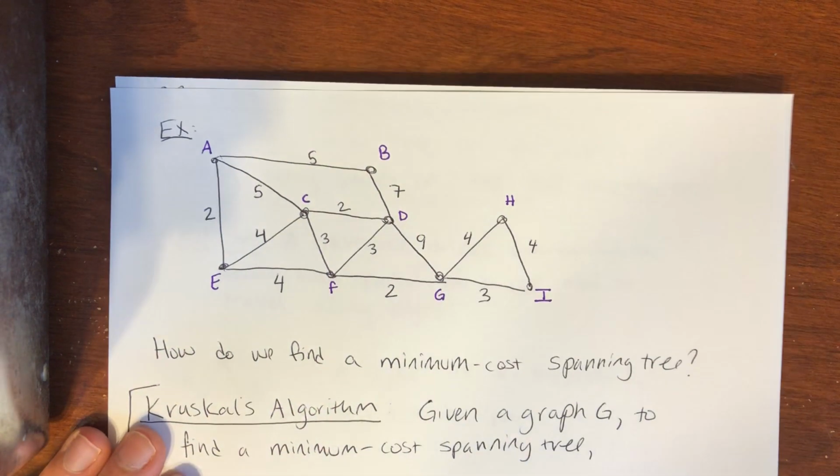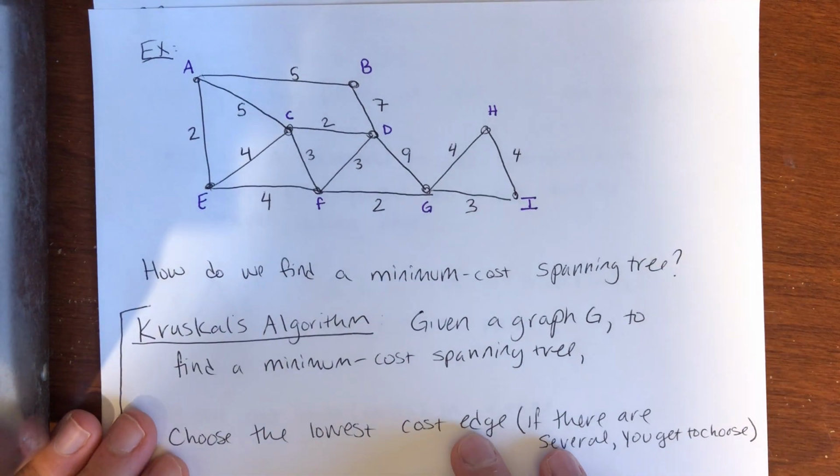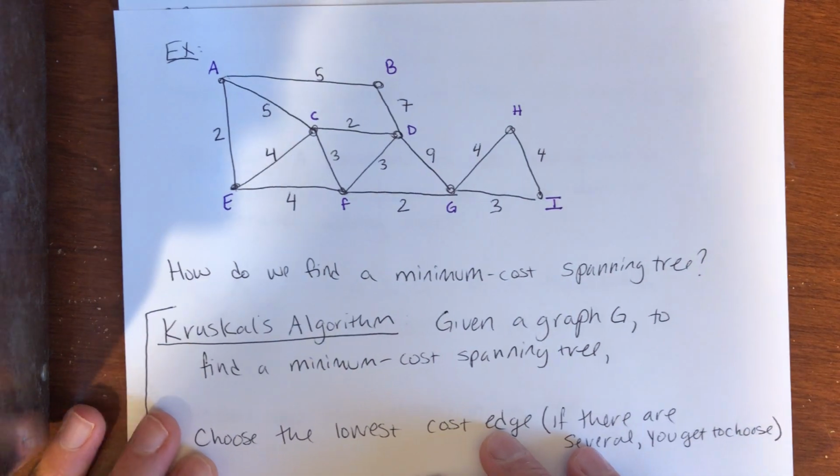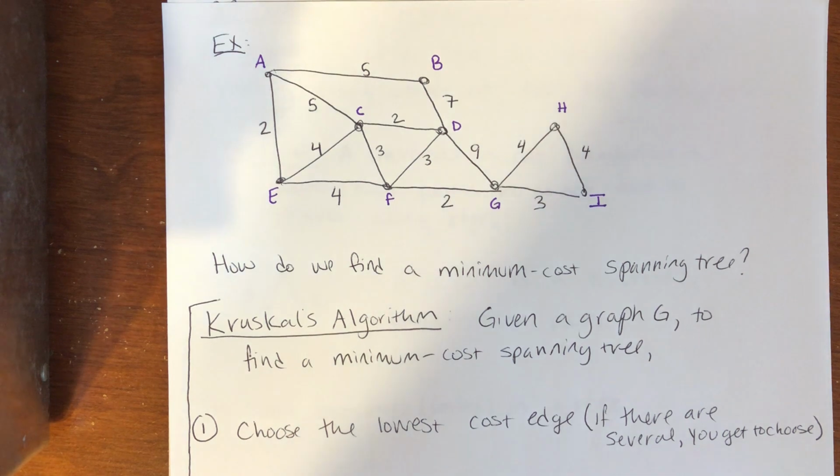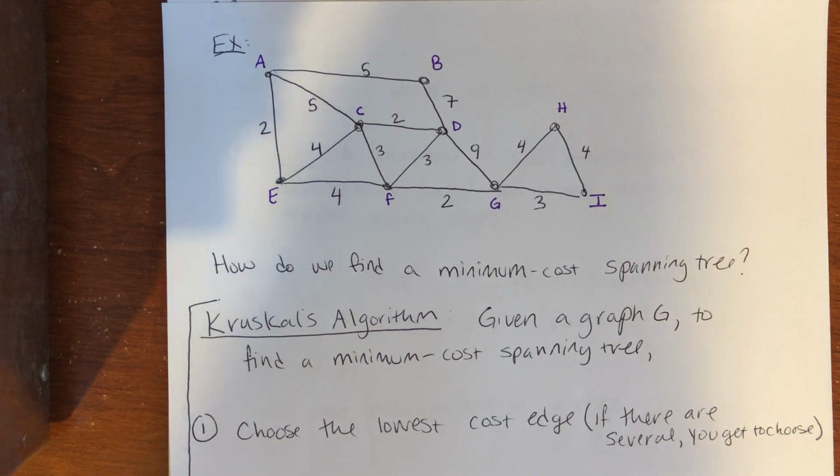So as a slightly more complicated example, we'll look at this graph here, and we'll talk about an algorithm that we have to find a minimum cost spanning tree. It's called Kruskal's algorithm. It's different from another algorithm that pops up a lot when you're trying to find a path that has minimal cost. This doesn't necessarily have to be a path in the end. It just has to be a tree in the end.